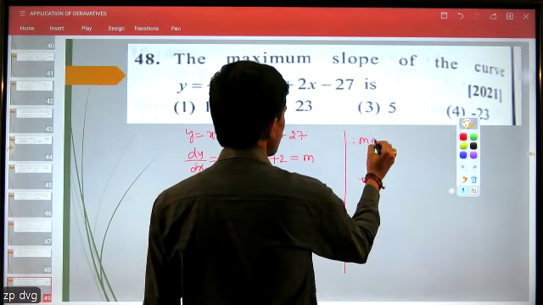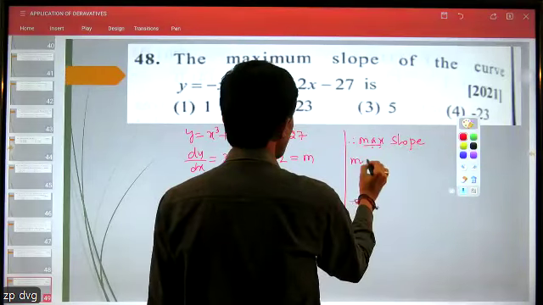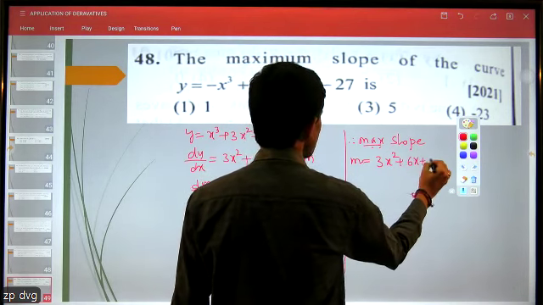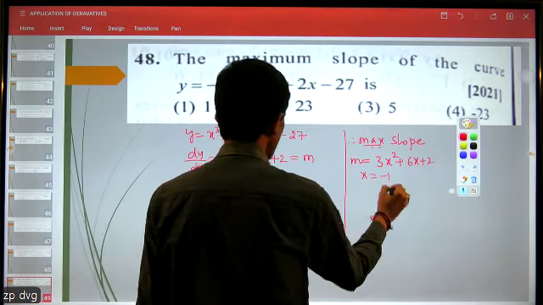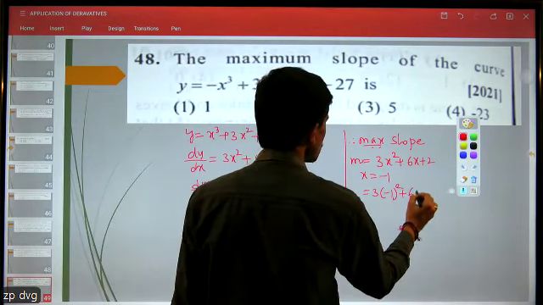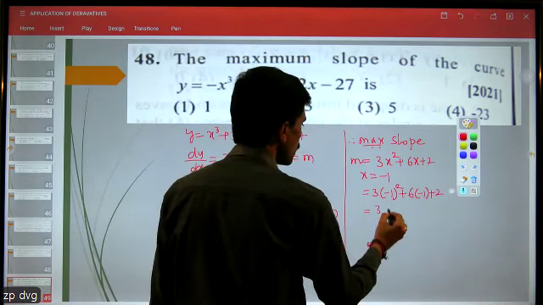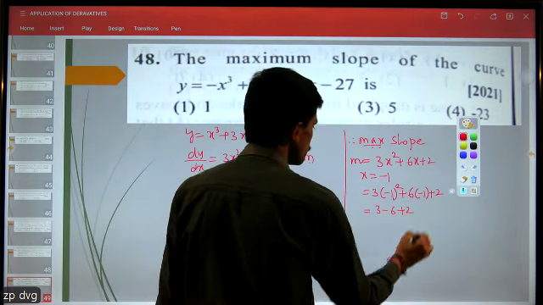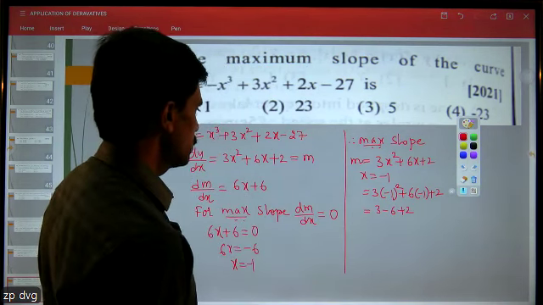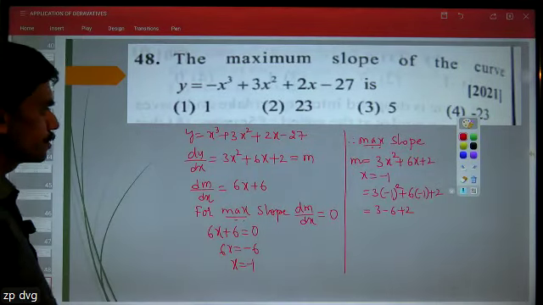Therefore, maximum slope m equal to 3x square plus 6x plus 2. We put x equal to minus 1: 3 into minus 1 whole square plus 6 into minus 1 plus 2. So 3 into minus 1 whole square is 1, 3 into 1 is 3, minus 6 plus 2. So 3 plus 2 is 5, 5 minus 6. We get minus 1 as the maximum slope.